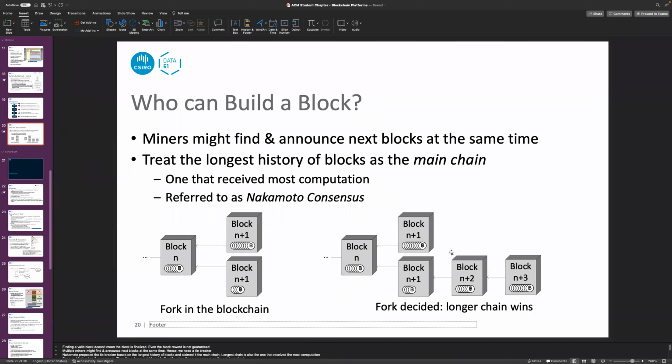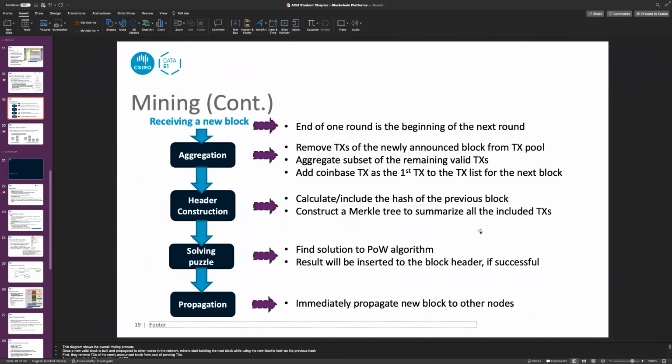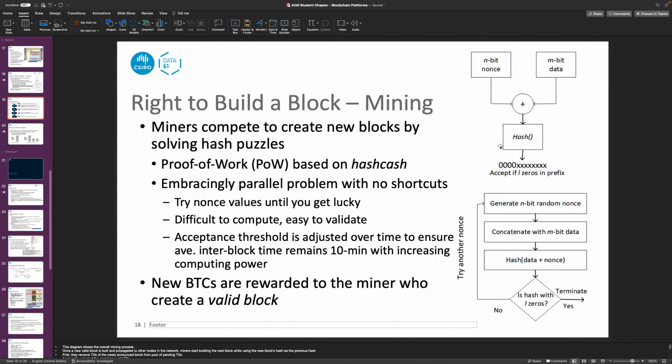So what we're really doing is, it's not that this problem is hard. You make the problem hard so that not just anyone can build this block. You are giving them a hard challenge, saying whoever is able to solve this problem faster now has the right to build a block.